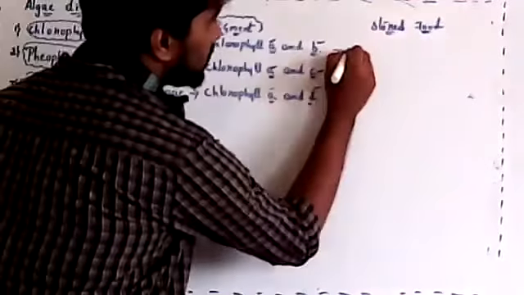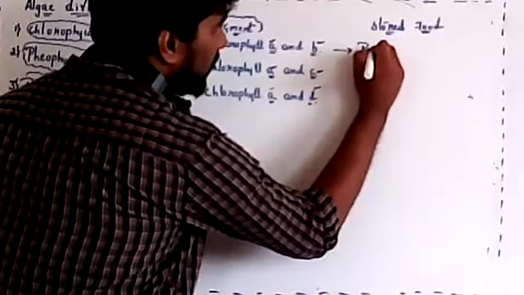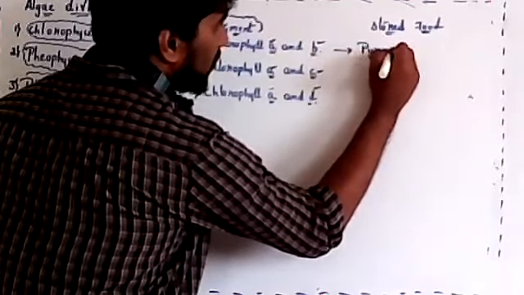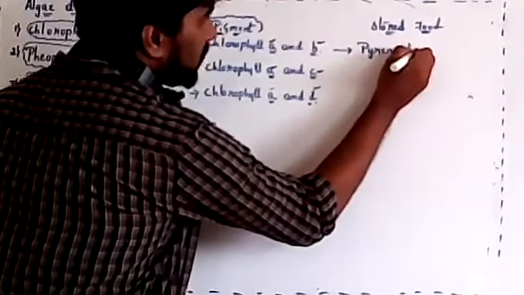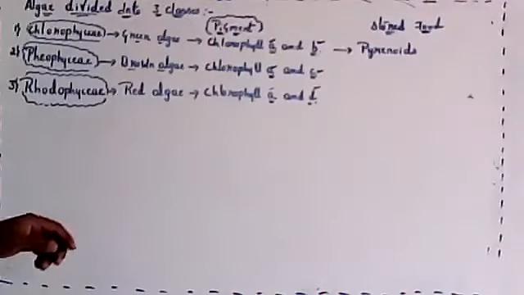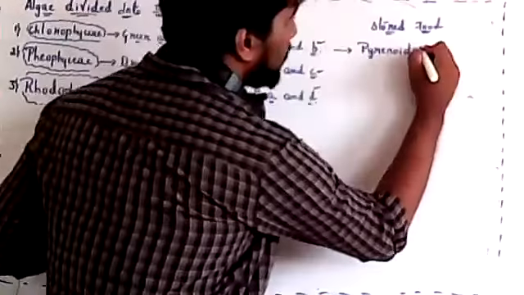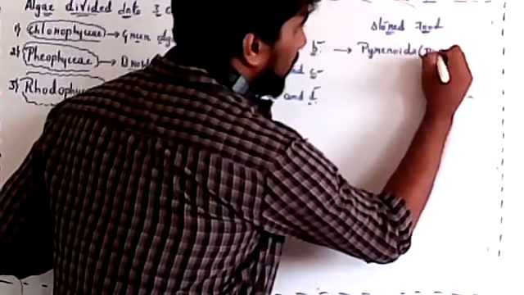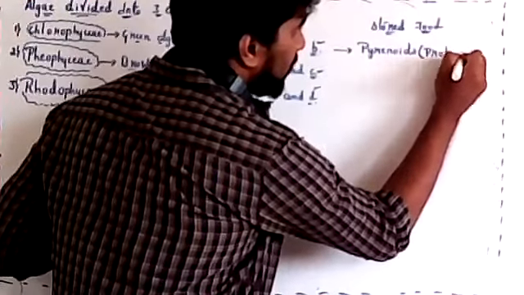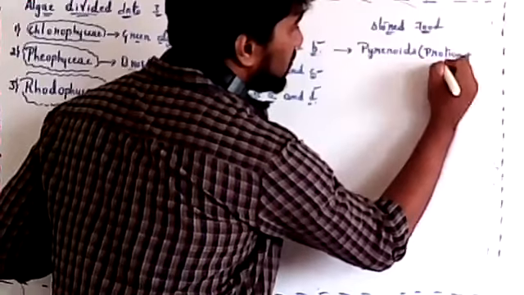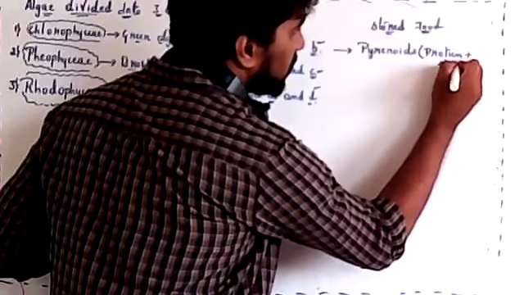So stored food in green algae is known as pyrenoids. So what are pyrenoids? Pyrenoids is nothing but protein plus starch. So a combination of protein plus starch is called pyrenoids.